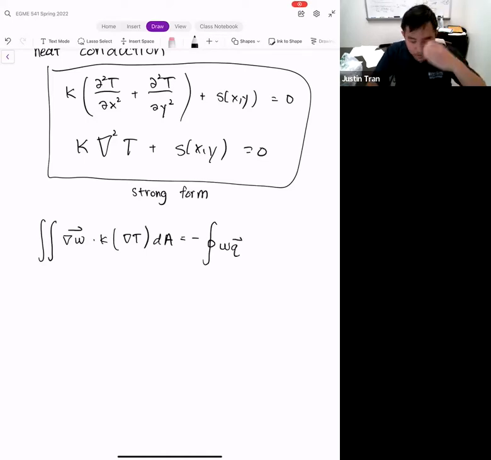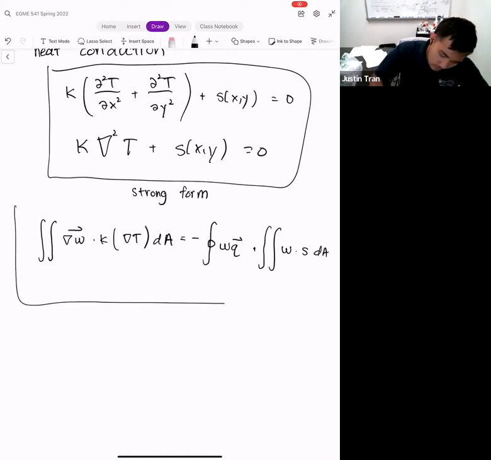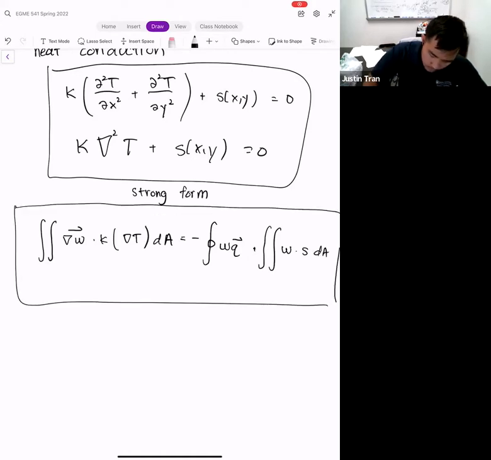That's our Neumann boundary condition term. Plus the double integral of W times S dA. So this right here is our weak form.